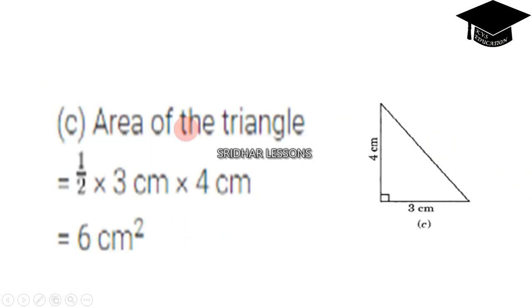Next, question C. Area of the triangle is half BH, that is 1 by 2 into base 3 centimeters, height 4 centimeters. So this is 6 centimeters square, because the formula is half BH, we know.